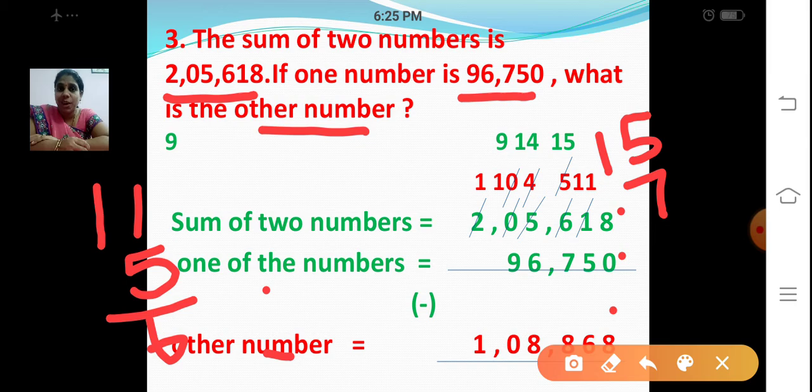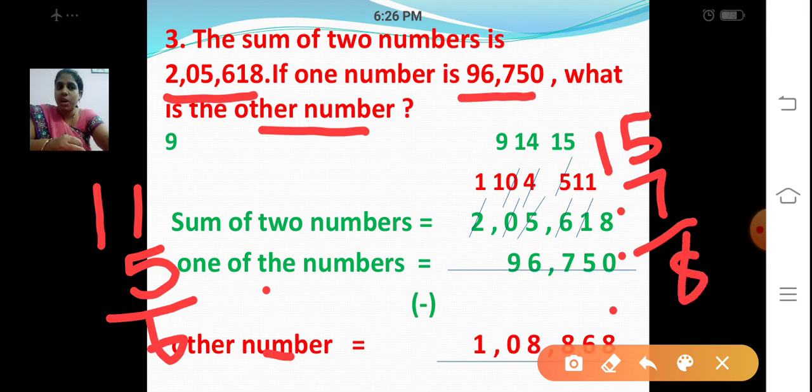I'm giving 1,000, that means 1,000. Already I'm having 500. So 1,500 minus 700. 15 minus 7. After 7, 8, 9, 10, 11, 12, 13, 14, 15. So 8. Write it down, 800.